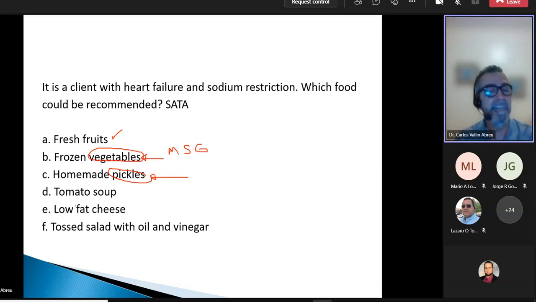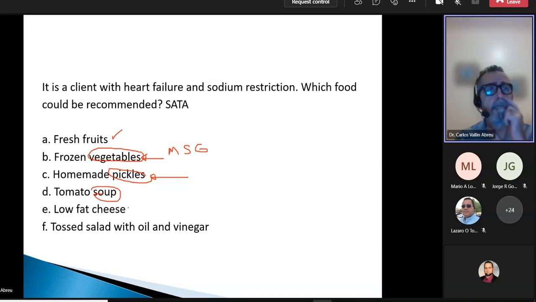The soups in general, any soup, homemade or canned, are high in sodium. I don't know if you know how to cook, but if you are making a soup, you need to add a lot of salt because it has a lot of water. And to make the soup tasty, you need to add sodium. So soups in general have a high content of sodium.